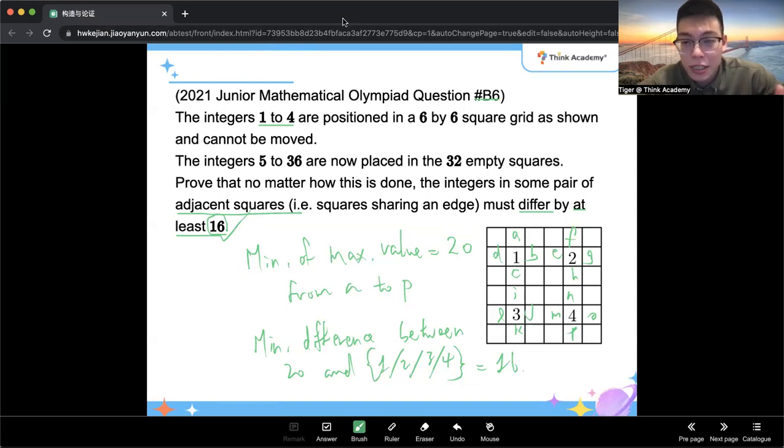So if you ever see these kinds of questions, that's just 5 minutes for 10 points in the JMO. All right. Of course, you can also analyze the next layer, but it's not necessary.